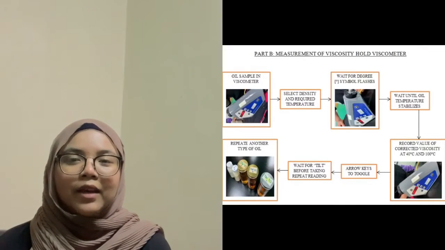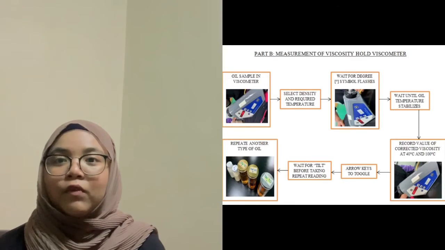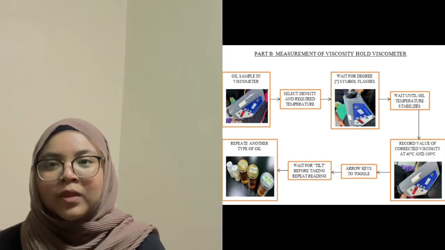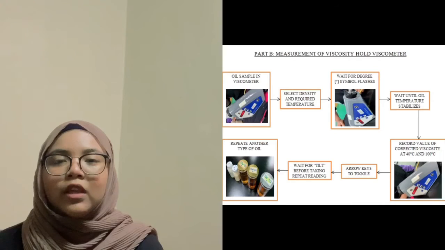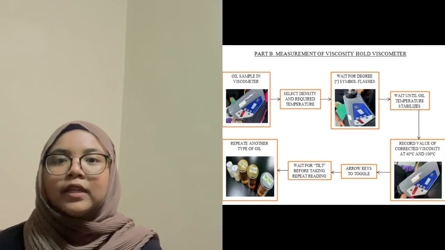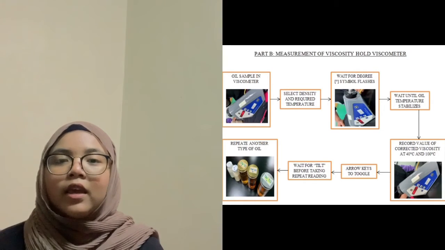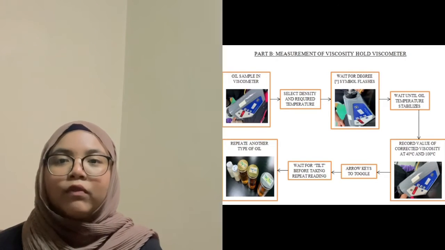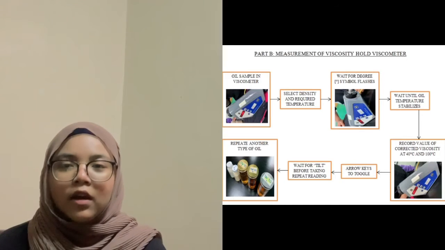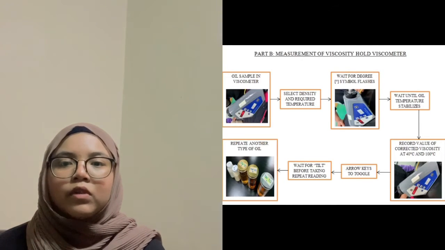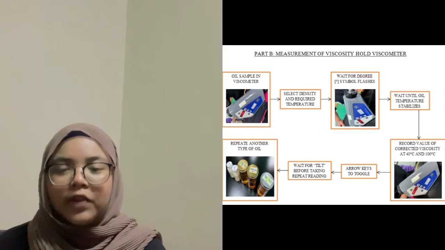And next is part B, which we use for measurement of viscosity by holding the viscometer. First, we need to fill the oil sample in the viscometer as we did in part A, and then the density was selected by key-in density of the sample. For this experiment, we use 40 degrees Celsius, and the temperature required was selected with the return key.